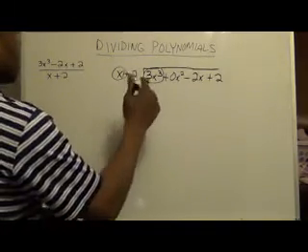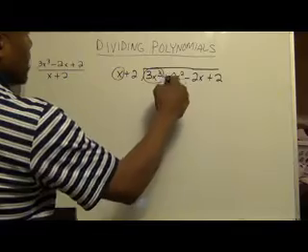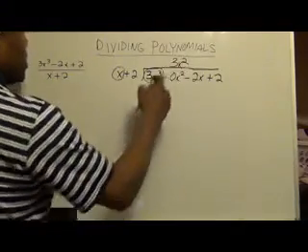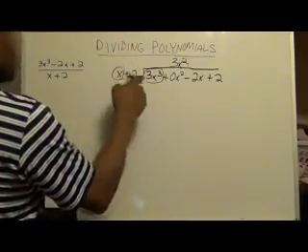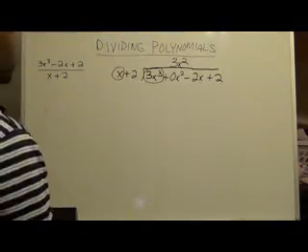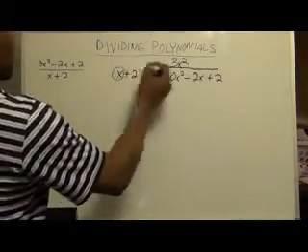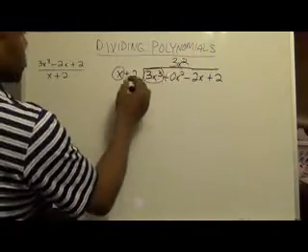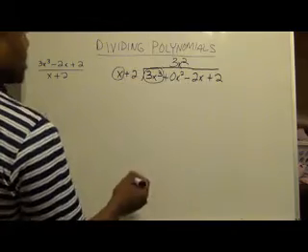Since it's 3x squared, we're going to put it over the x squared. So 3x squared times x is equal to 3x cubed. Since we multiply x times 3x squared, we're going to multiply this 2 times 3x squared. So 2 times 3 is 6, so that's 6x squared.